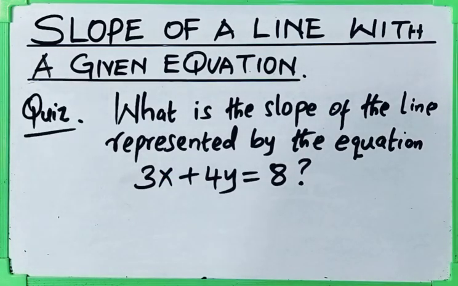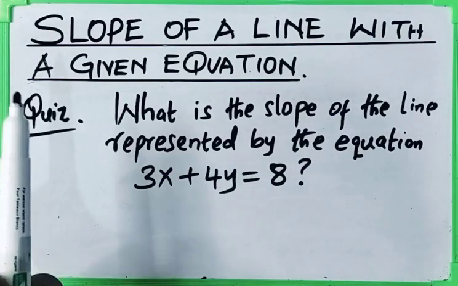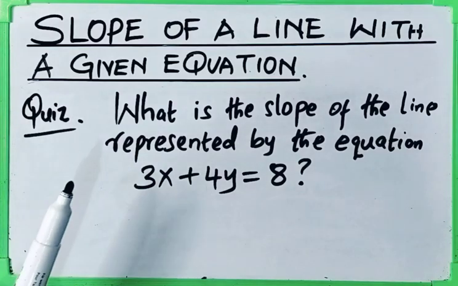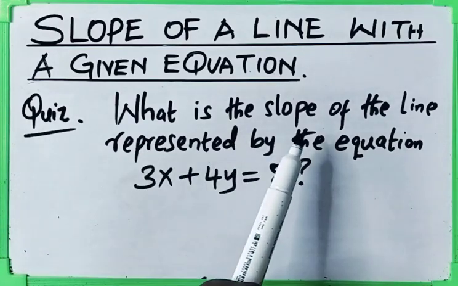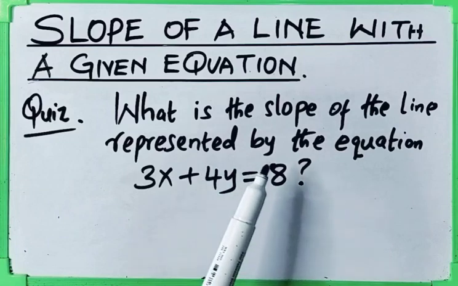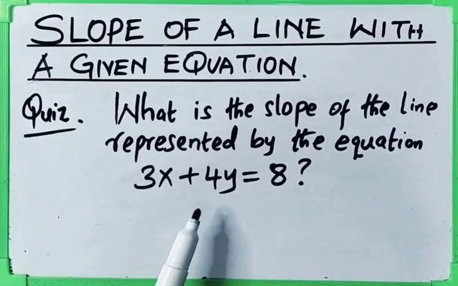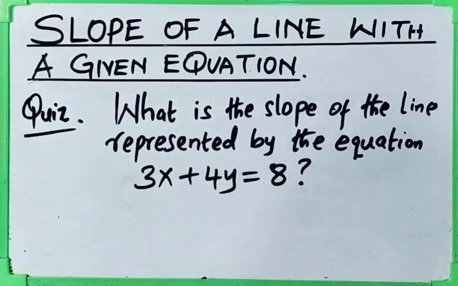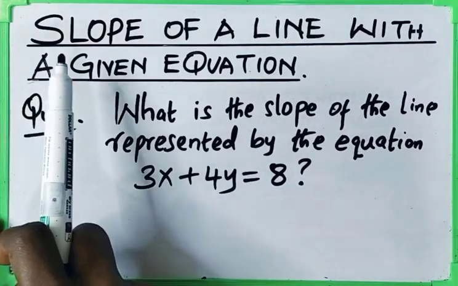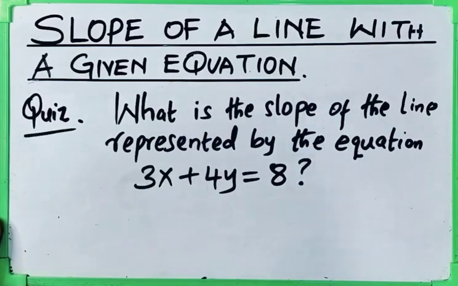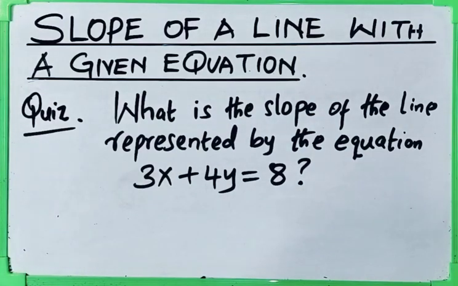All right, our statement reads, what is the slope of the line represented by the equation 3x plus 4y is equal to 8? Remember, our subtopic was slope of a line with a given equation. In other words, you're given the equation and you're looking for the slope of a line.